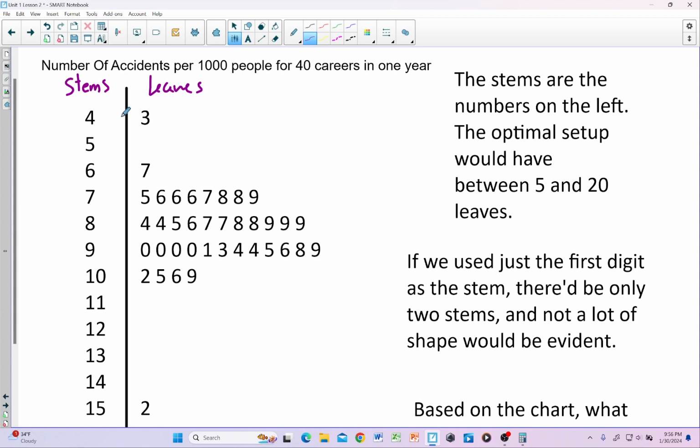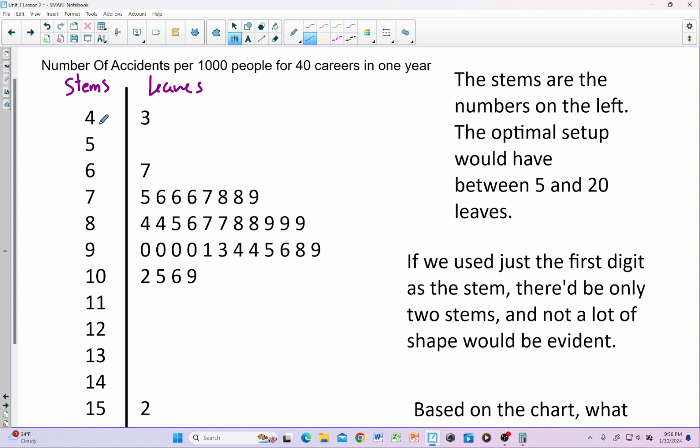Here's what's happening. A lot of times in data, you'll see a lot of repeated numbers, and this graph tends to shore up those repeated numbers. So the stems refer to the tens digit of a data point, and the leaves refer to the ones digit.